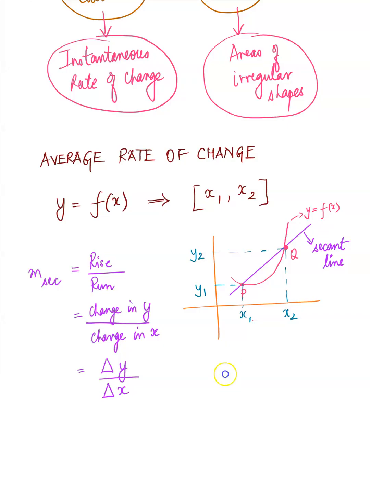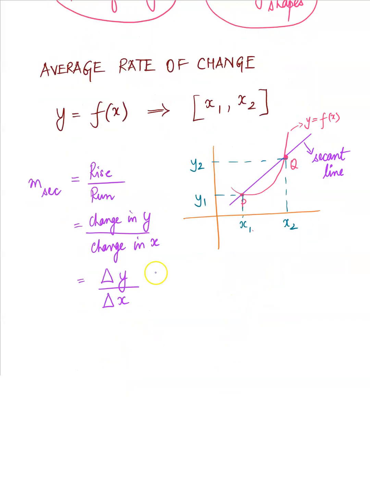Okay. And if you recall the slope formula, it was y2 minus y1 over x2 minus x1, right? We all remember that. And we can see that here. y2 minus y1 would be this distance, the distance between y1 and y2. x2 minus x1 would be this distance between x1 and x2. All right? And this is the slope of the secant line, because the secant line is a line that connects 2 points on a curve.